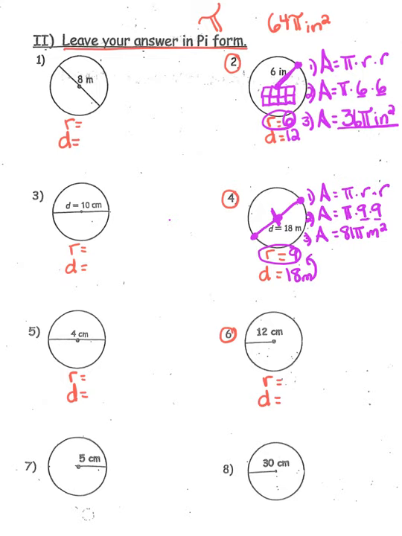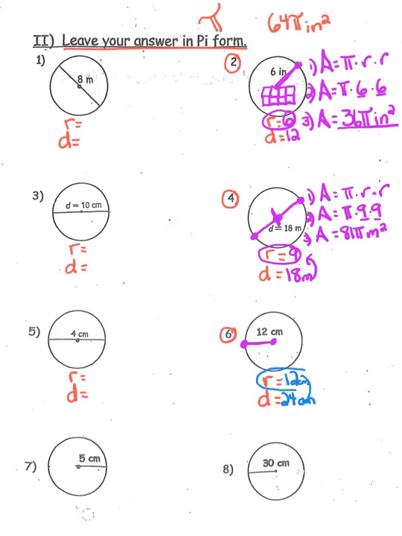Number 6. In this case, the line segment we're given is a radius. This radius is 12 centimeters long. If we double it, or multiply by 2, we get a diameter of 24 centimeters.